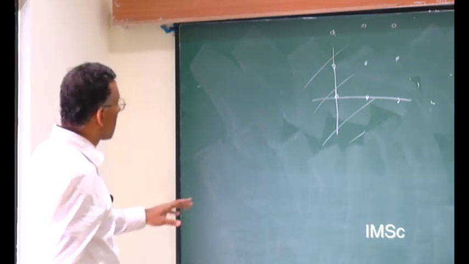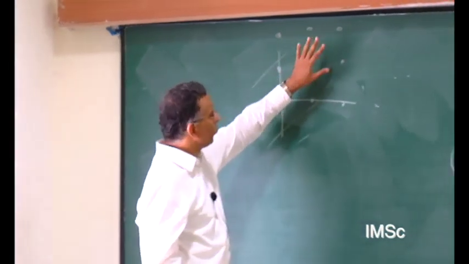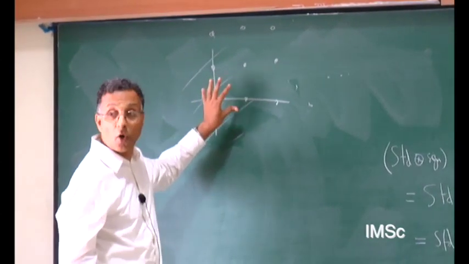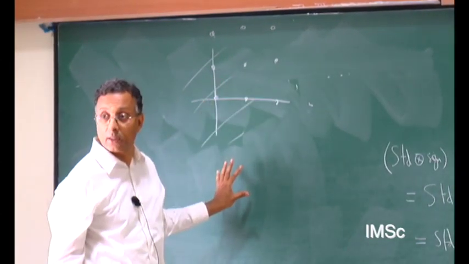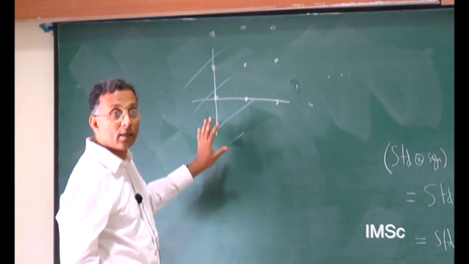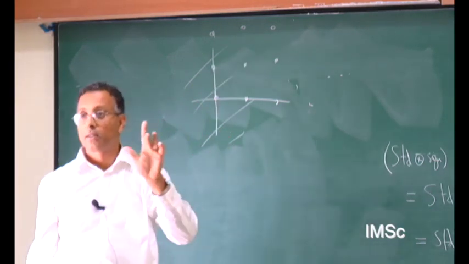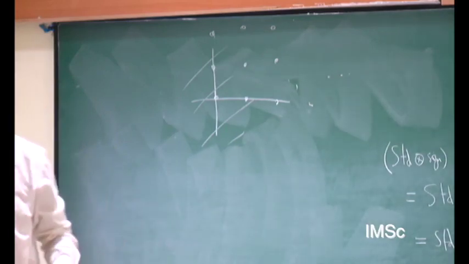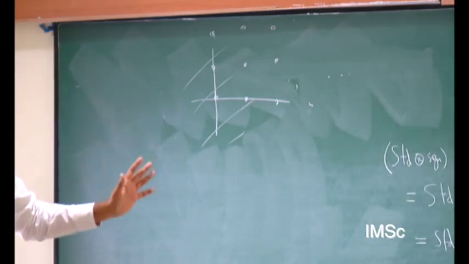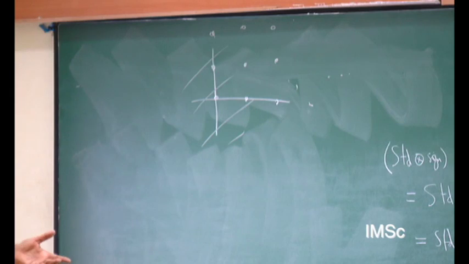Okay? For example, the space of all class functions is a complex vector space. I'm drawing the real picture of it, which has as much dimension as the number of conjugacy classes, right?